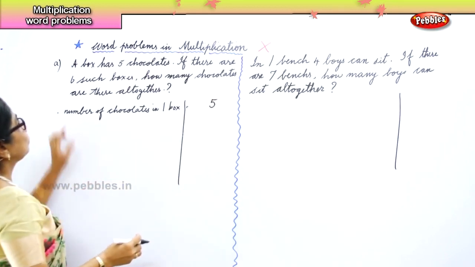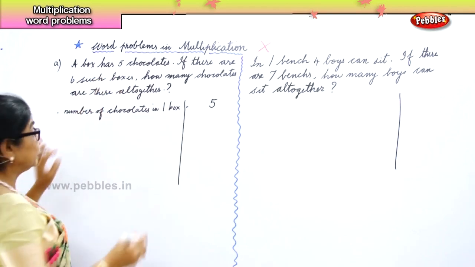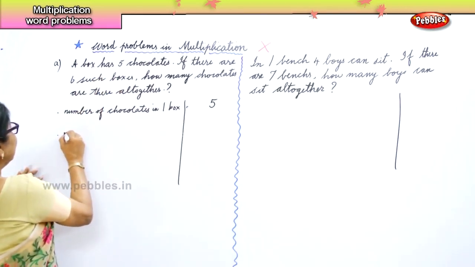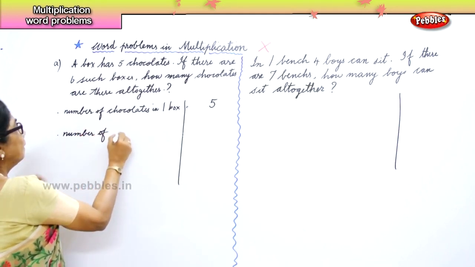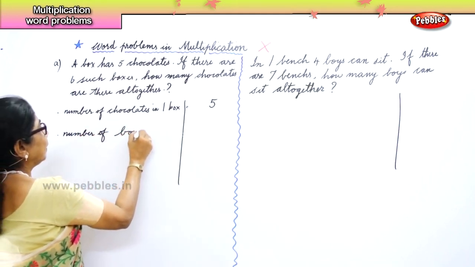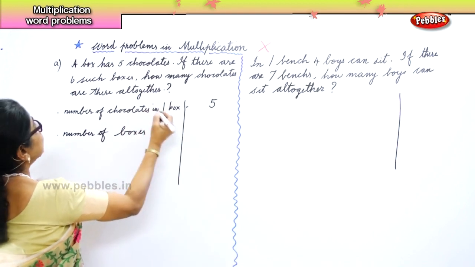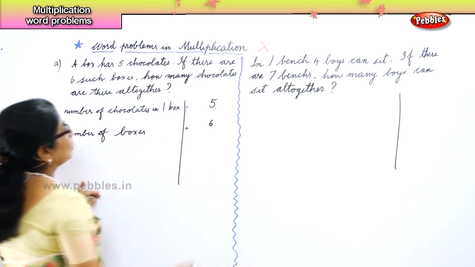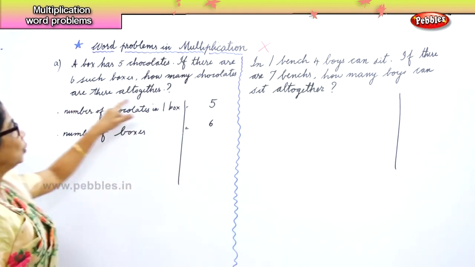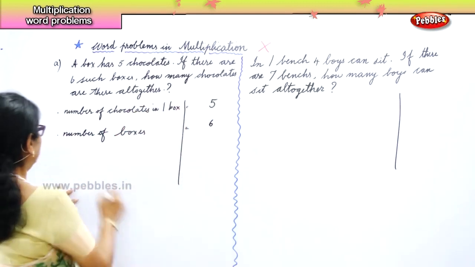Next, number of boxes. What is the next statement? Number of boxes. How many boxes are there? 6. What is the next one? Therefore, the total number of chocolates.